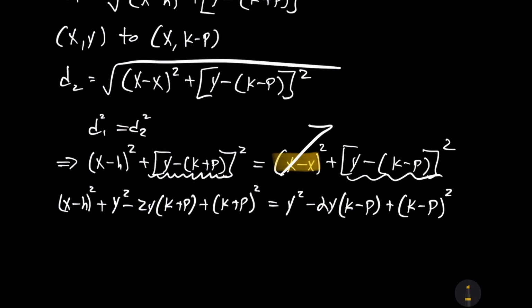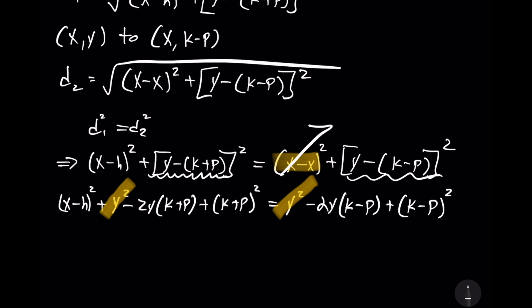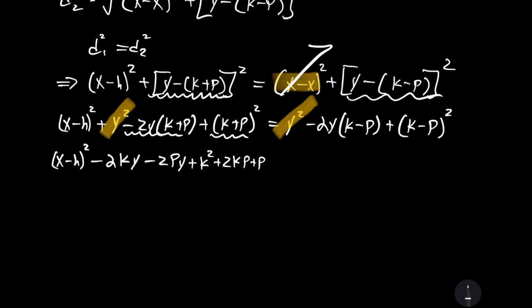Now notice we have on the left-hand side this y squared, on the right-hand side this y squared, and so those go away. So presently we have (x minus h) squared. Now let's expand this out. So we have minus 2ky minus 2py. That (k plus p) squared, so plus k squared plus 2kp plus p squared.